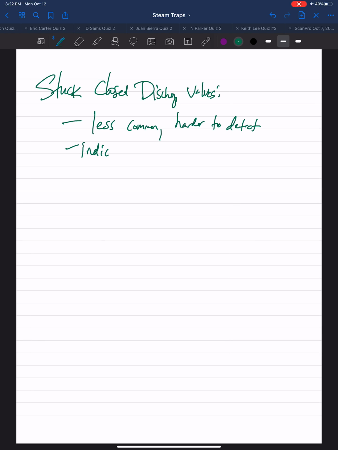It is indicated by a lack of condensate in the drain line of an in-service steam trap.